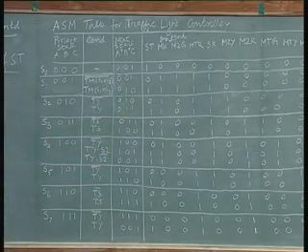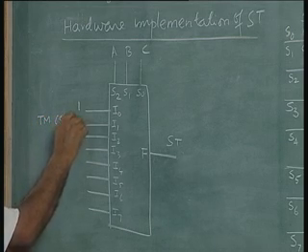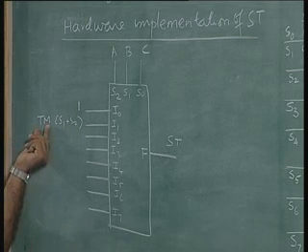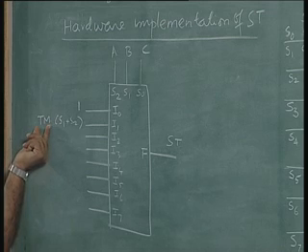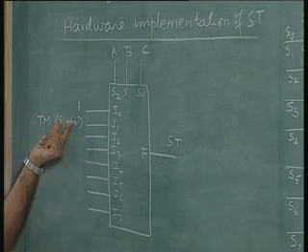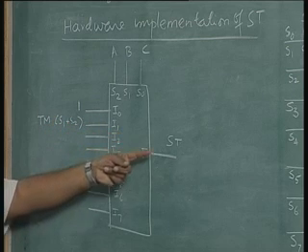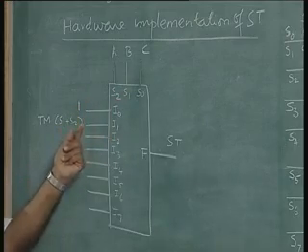So for I1 I will have to put Tm (S1 or S2). That means after the elapse of the main road green time Tm, if one of the sensors is true, then the start timer will be initiated when you are in state 1. This is how you map it.